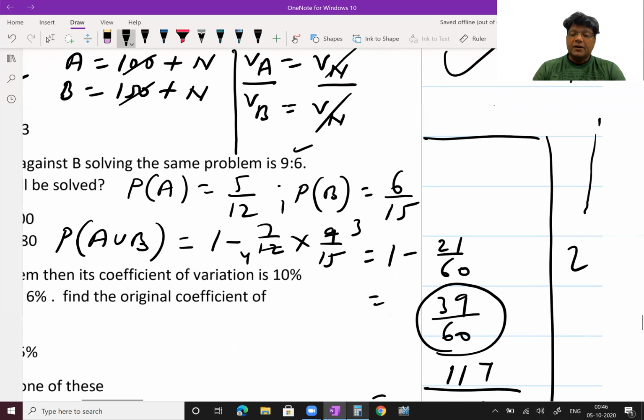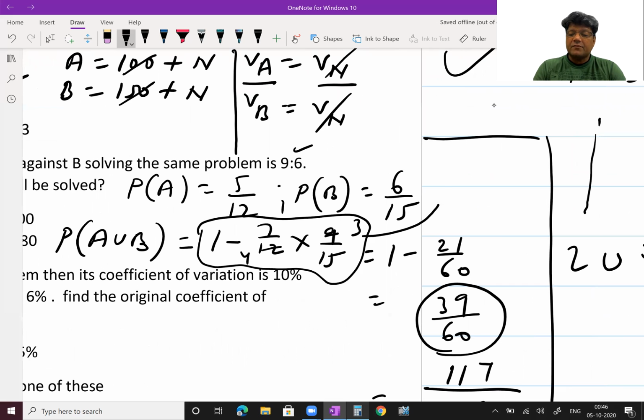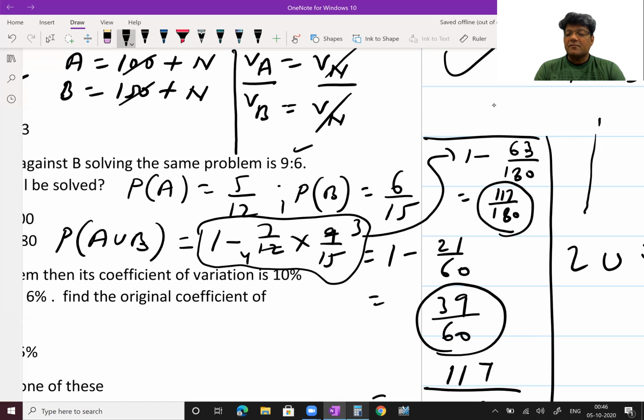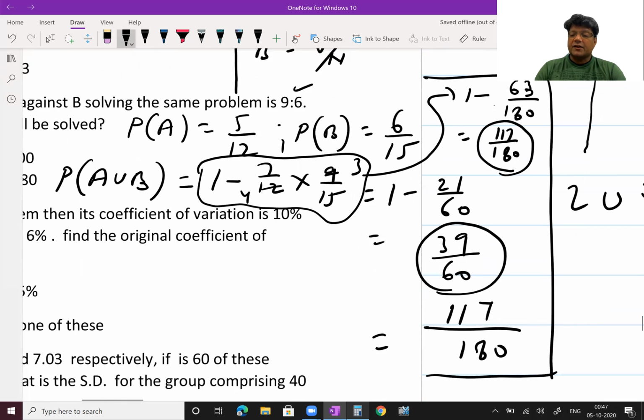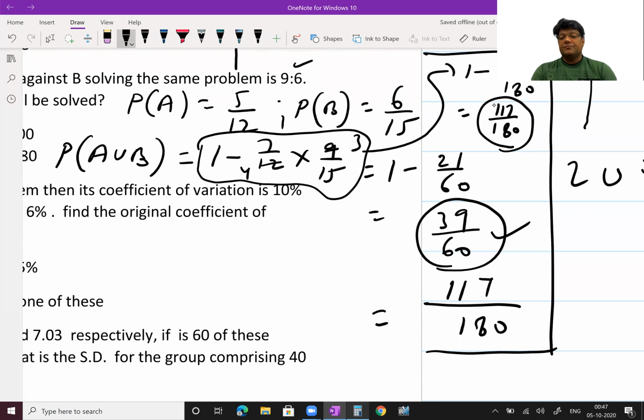Look here, without any cancellation, your answer is coming from here only. See, 1 minus 7 9s are 63, no cancellation, 63. Down, 15 into 12, no cancellation, 180. So it is 180 minus 63, that is 107 by 180. It's the same. 107 by 180 you say, or 39 by 60 you say.